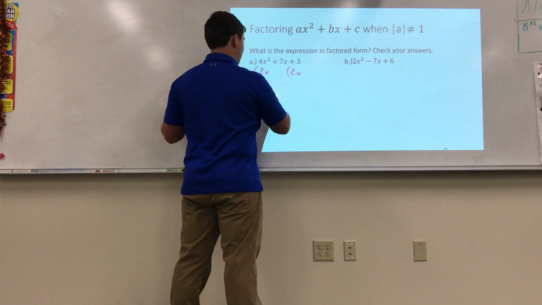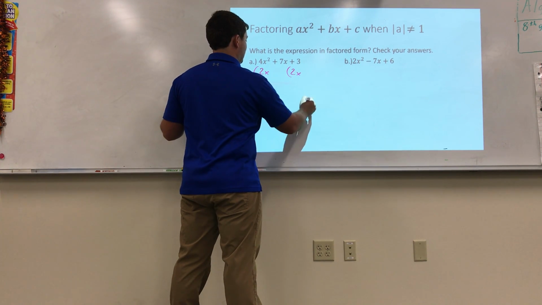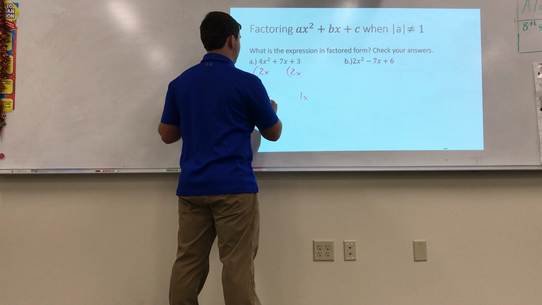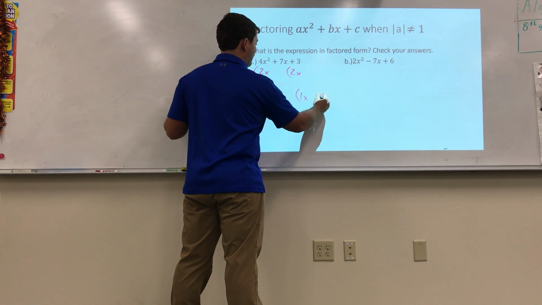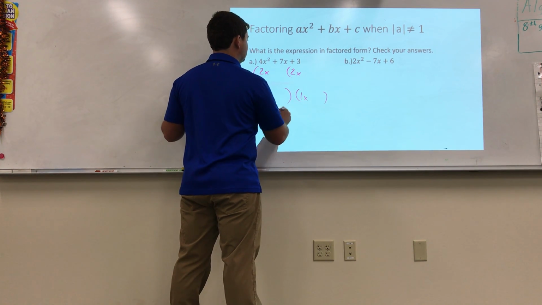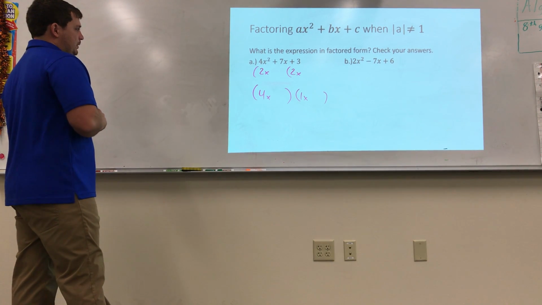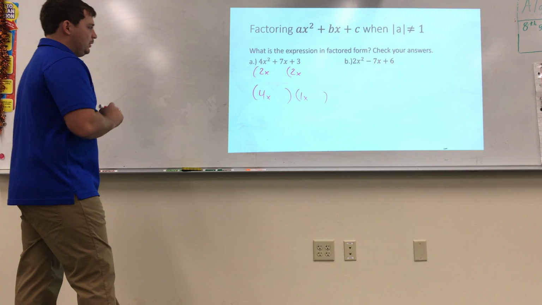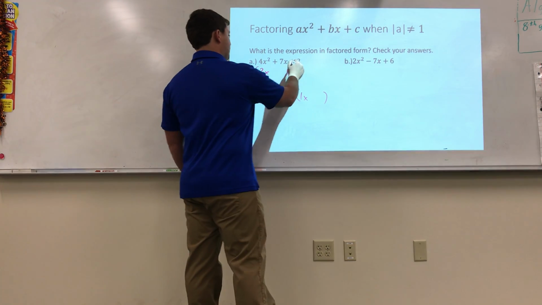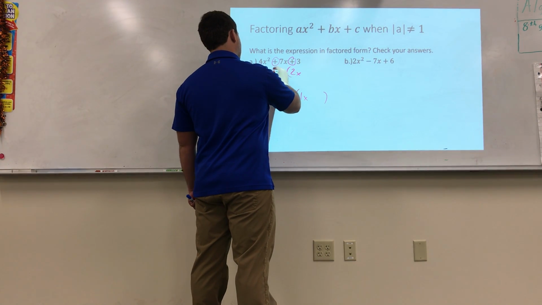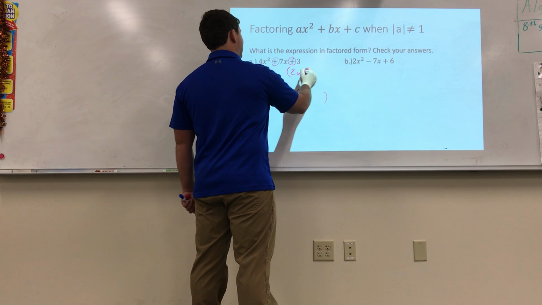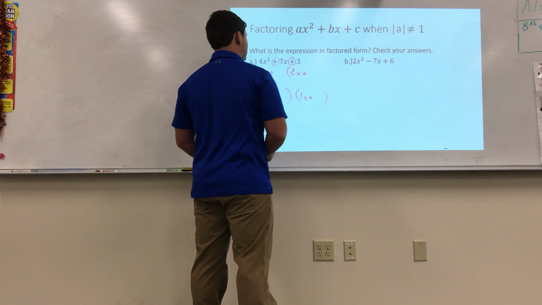I could have 4x, and I could have 1x here. So it opens up a lot of possibilities of what can happen here. I'm not sure which one I want to go with. I do know one thing though. Plus, plus still. And that's not a negative, so these will all be pluses.